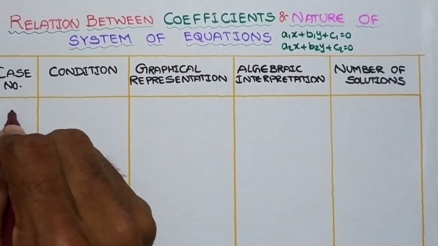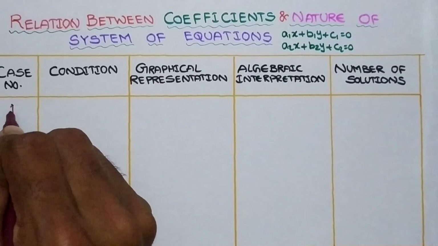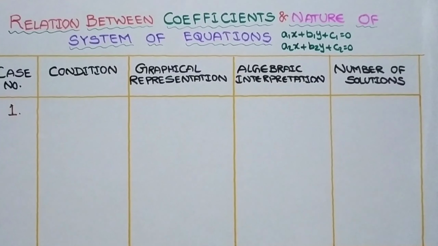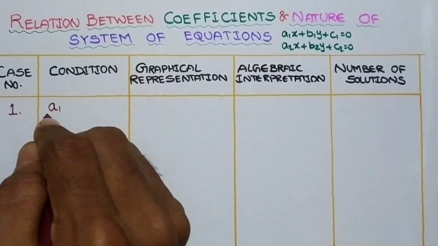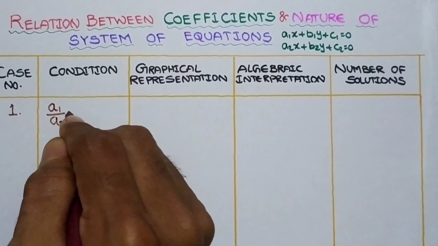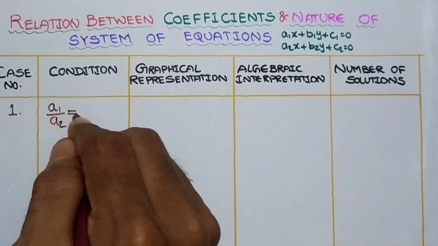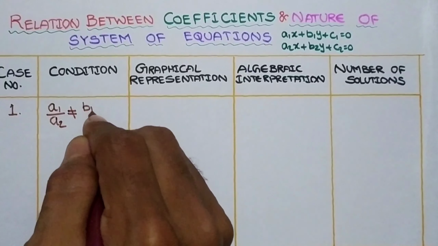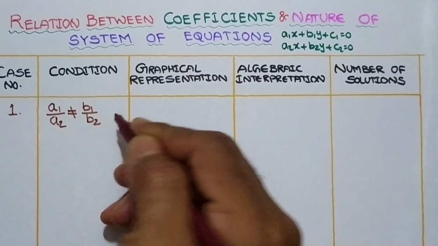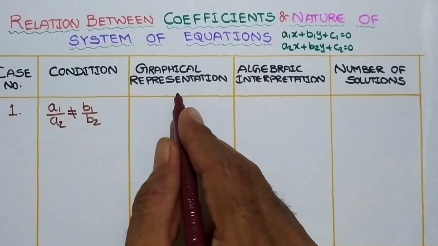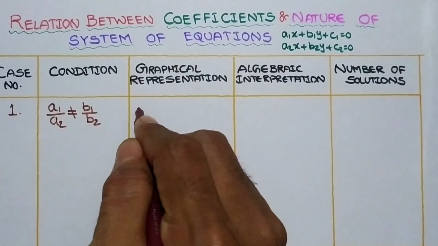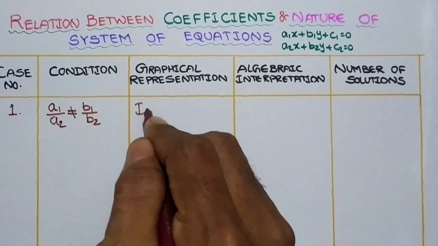Let us see case number 1. Here the condition is that a1 by a2 is not equal to b1 by b2. Here the graphical representation is, these kind of lines are intersecting lines.